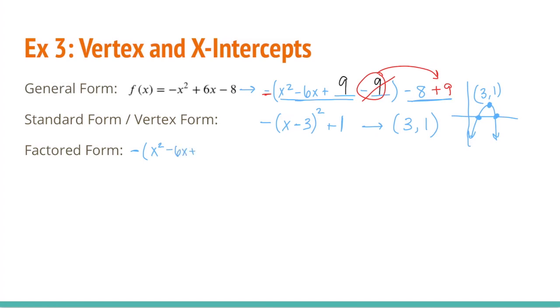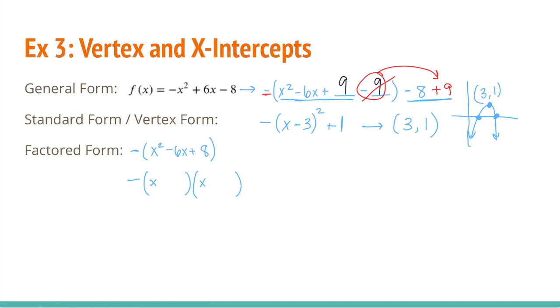Now, when I factor this, I'm going to think about the fact that I need x's as my first terms, and then I'm going to need probably 2 negative terms since my middle number here is negative, but my outside number is positive.